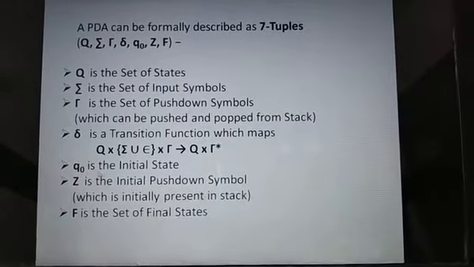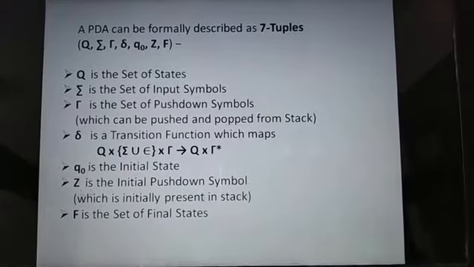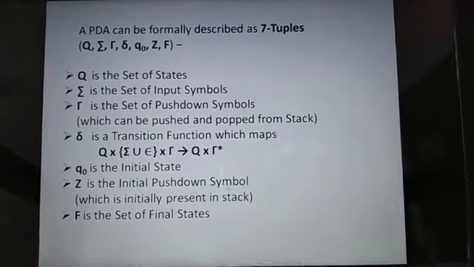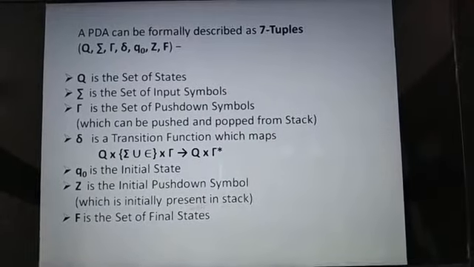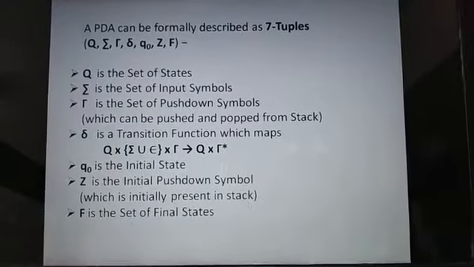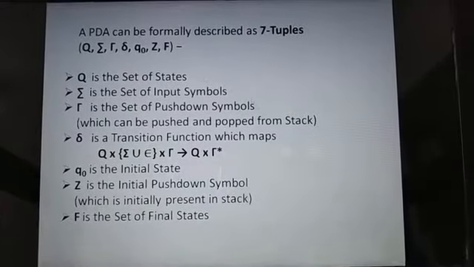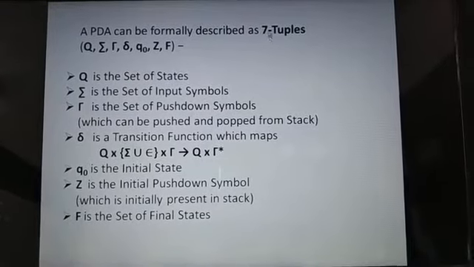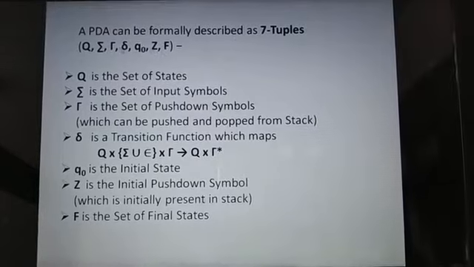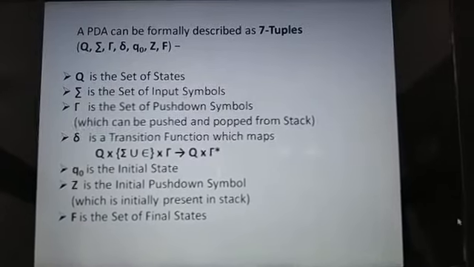Now the q naught is the initial state, Z is the initial push down symbol which is initially present in the stack, F is the set of final states. Now, with the use of these 7 tuples, we can easily describe the PDA.